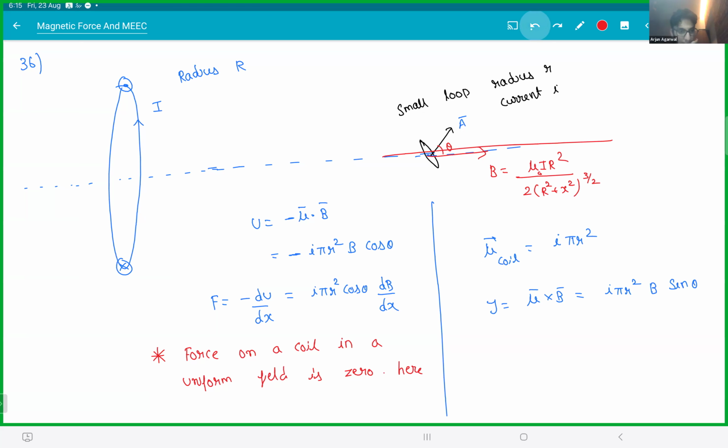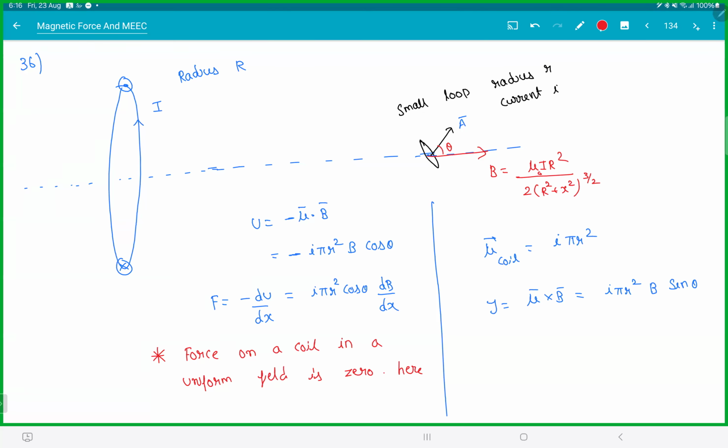If you want it in the y direction, what do you have to do? Dou U by dou y, remember? Do you remember the actual force formula? F is equal to minus dou U by dou x i cap minus dou U by dou y j cap minus dou U by dou z k cap. That gives you all the three components. Got it. But since our coil is only changing in the x direction, what you're getting is only the force in the x direction.